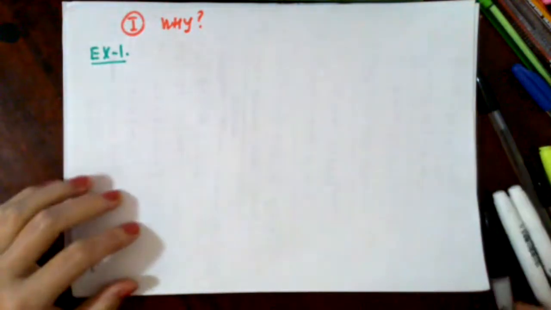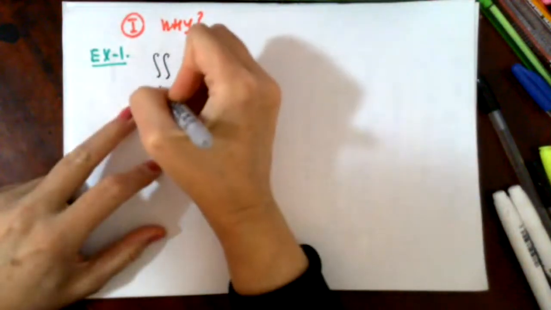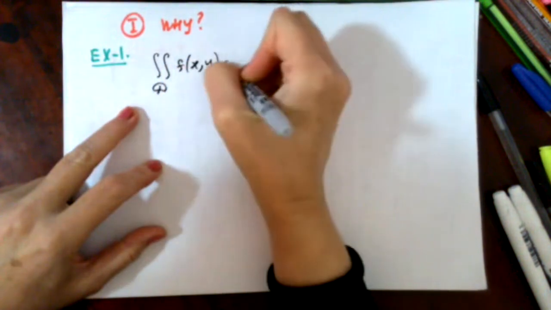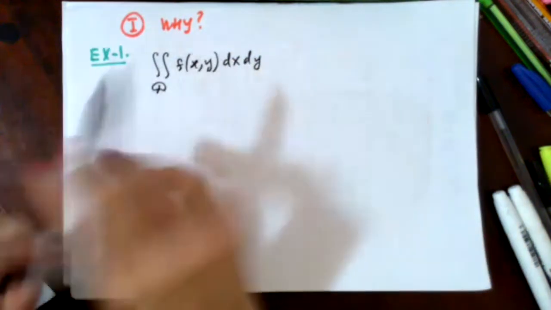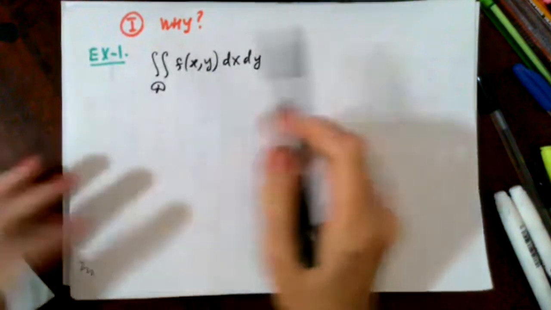To this end, let's consider example 1. Example 1, where we are given a double integral over the region D, as usual, and unknown function f of x, y, dx, dy. It means that we are not going to calculate our repeated integral once we made this transition.